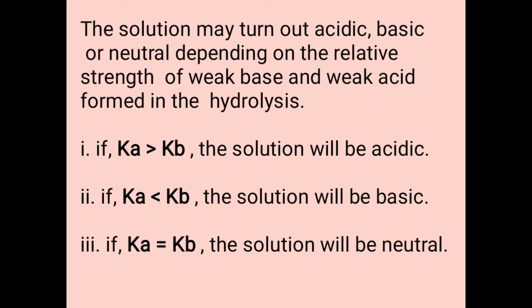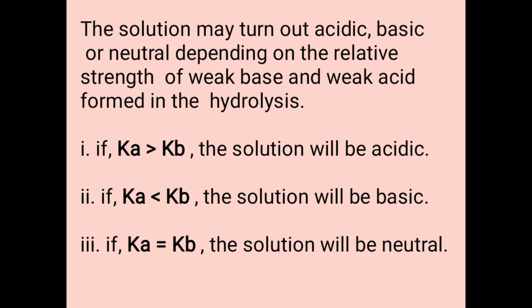And if the concentration of acid and base is the same in the solution, then Ka is equal to Kb, means the dissociation constant of acid is equal to the dissociation constant of base, then the solution will be neutral.